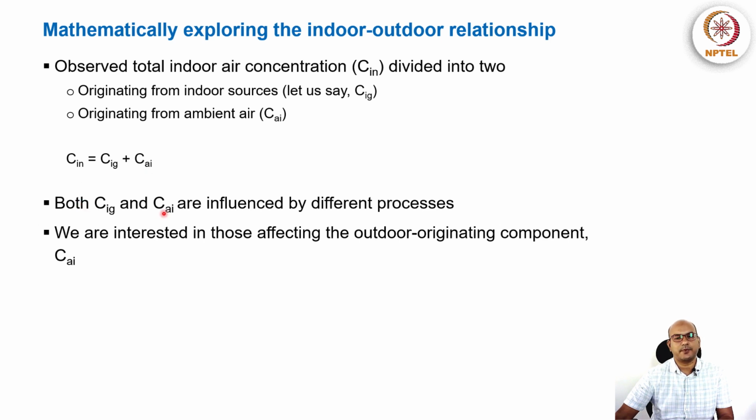Now both are influenced by different processes. When studying the indoor and outdoor relationship, we are interested in those factors that are affecting the outdoor originating component CAI in terms of influencing CIN. So what factors are leading to the relationship between CIN, indoor air, and CAI, which is ambient air or outdoor air?